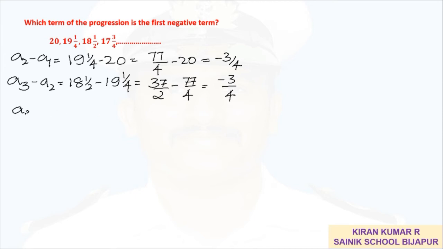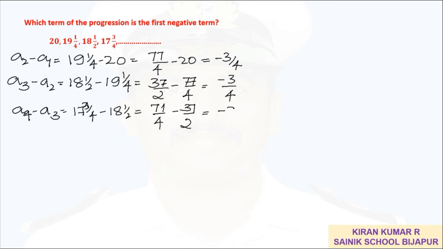Alright, A4 minus A3 if you do, A4 is 17 3 by 4 minus 18 1 by 2. Upon simplification we get it as 71 by 4 minus 37 by 2.